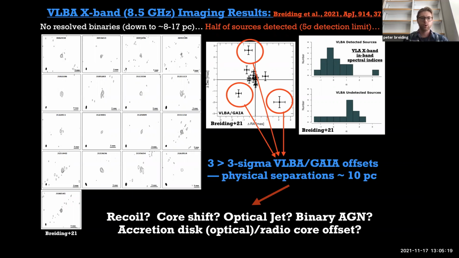Or you could have a secondary that's really radio faint. The way we dealt with that is we used the radio luminosity function for nearby flat spectrum AGN to put a probability on there being a radio faint companion that went undetected due to the flux limit of those observations.